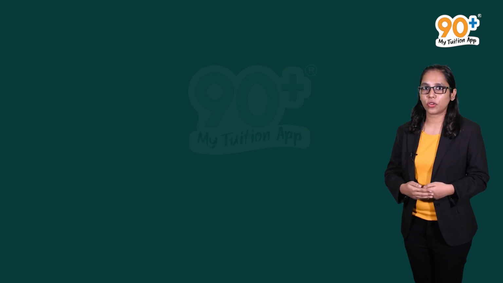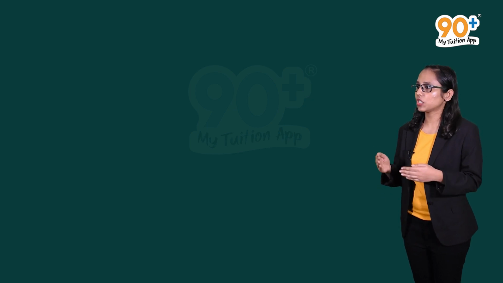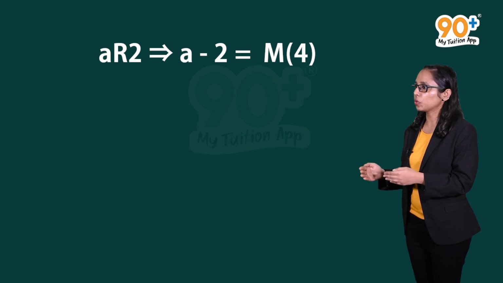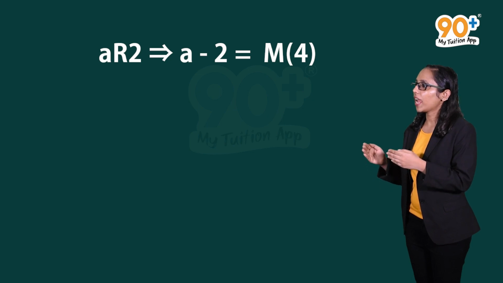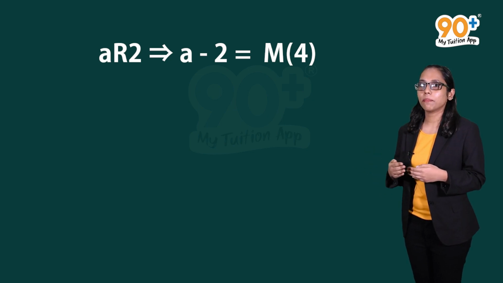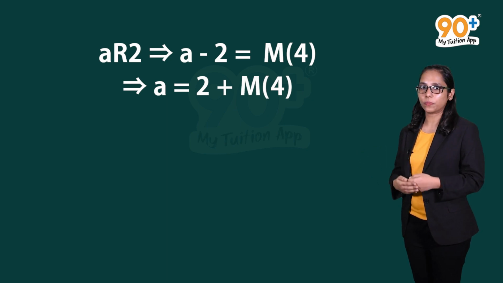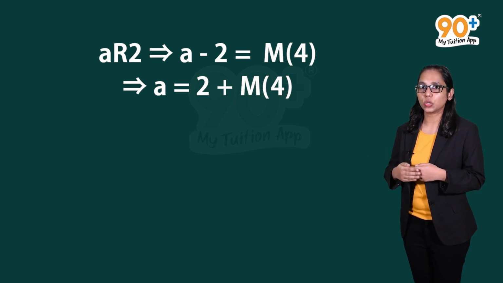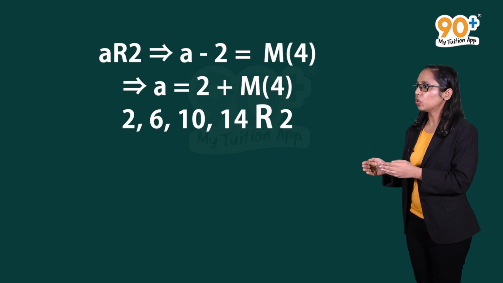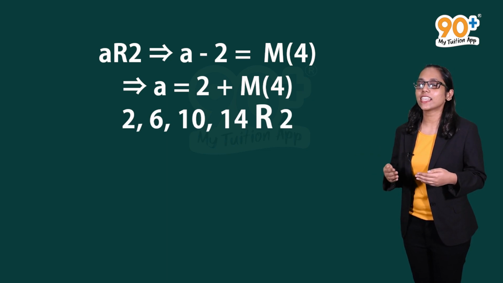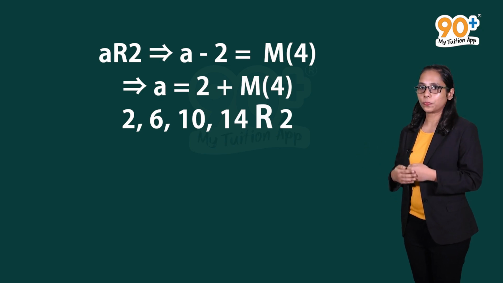Now let's check for the elements that are related to 2. That is, A is related to 2, which implies that A minus 2 equals a multiple of 4, which implies that A equals 2 plus a multiple of 4. That is, adding 2, we will get 2, 6, 10 and 14, and these are related to 2.